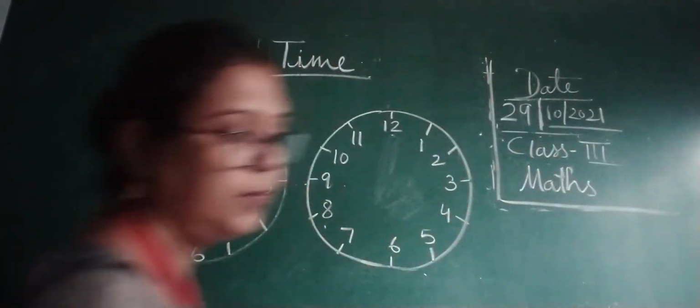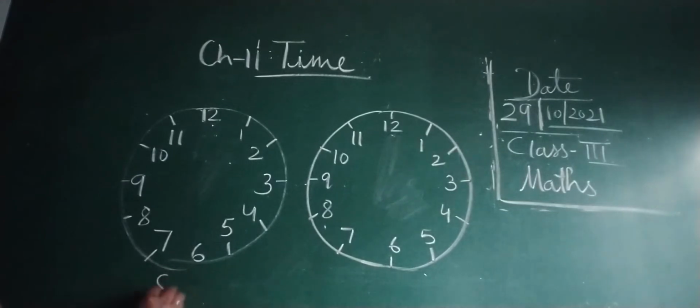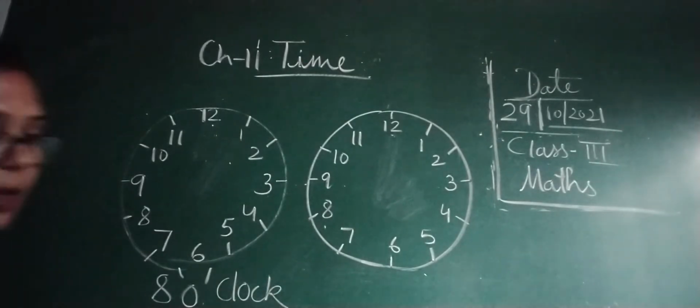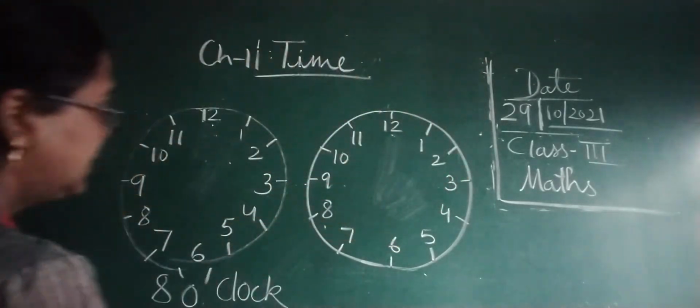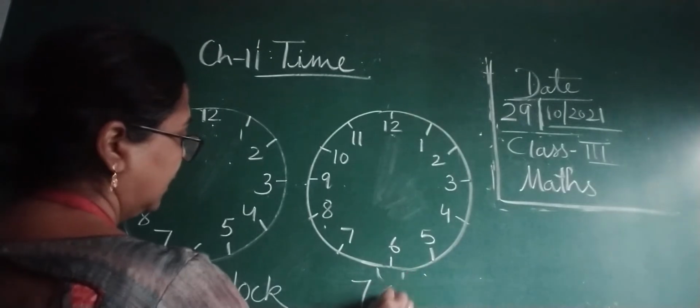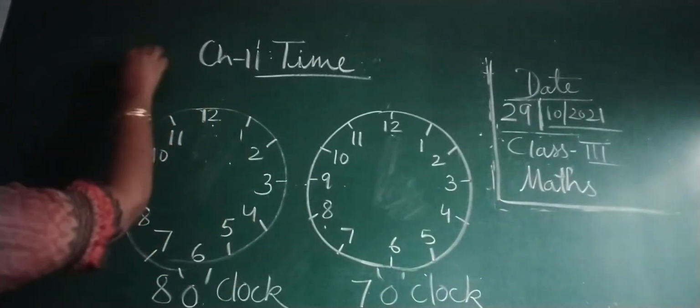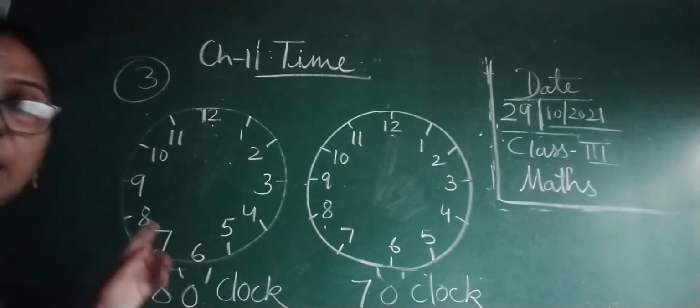So 8 o'clock we are going to draw, and now in the second clock there is 7 o'clock. 7 o'clock. And this is your third question.